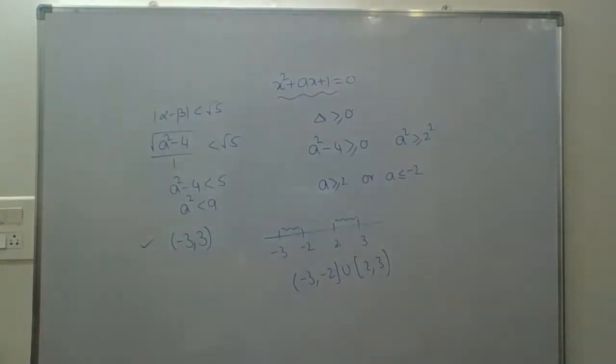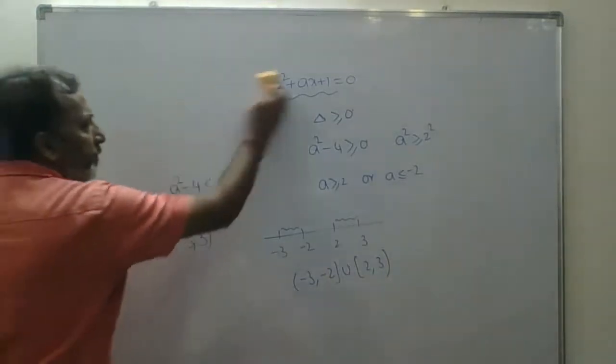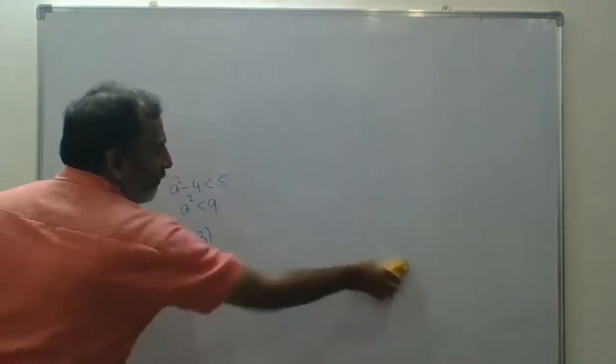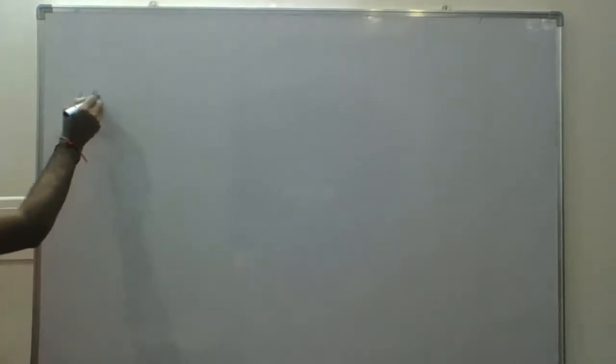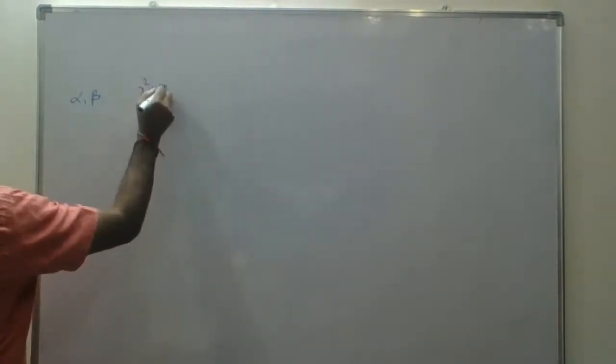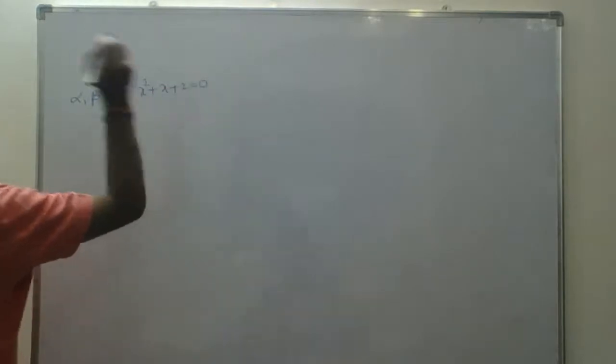Next. Alpha and beta are the roots of the equation x square plus x plus 2 is equal to 0.